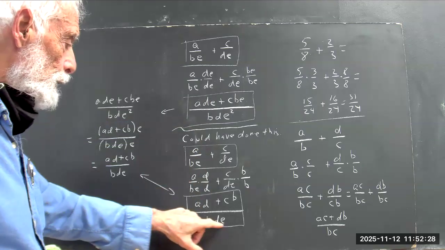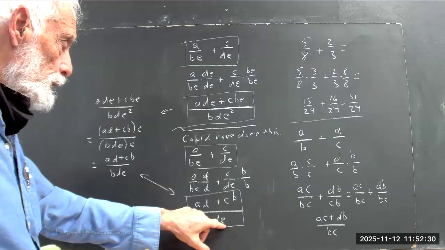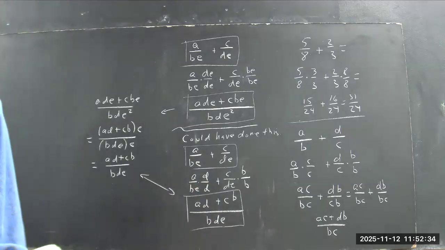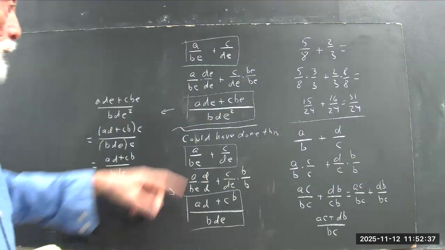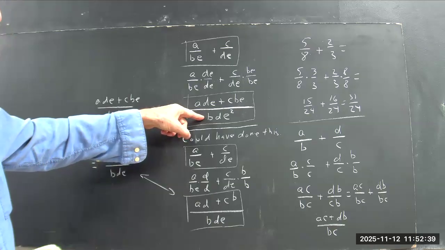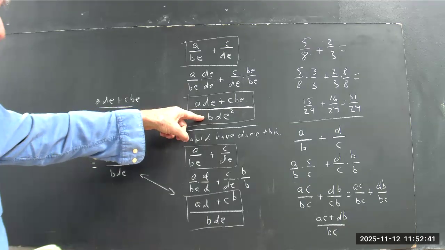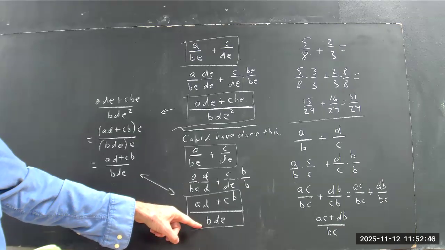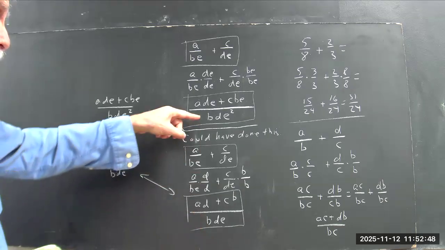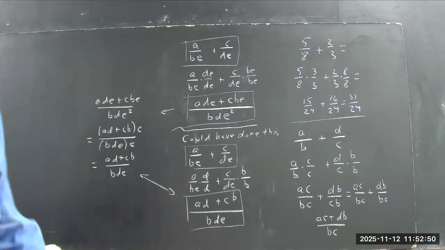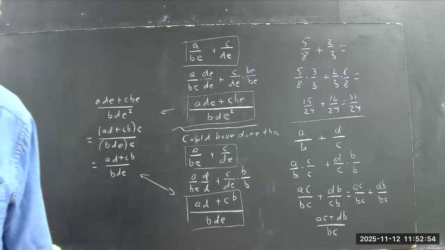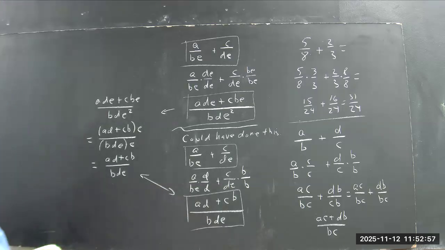BE is right there in the denominator. We've got a B times an E. And DE is in the denominator, and that's all that's necessary. So this is a common denominator. BDE squared is a common denominator. BDE is also a common denominator. It's got less in it than this one does. So we call it the least common denominator. And you can take that back to what you know about fractions, because y'all were pretty good with the fractions, okay?